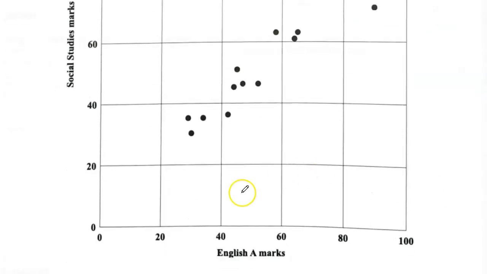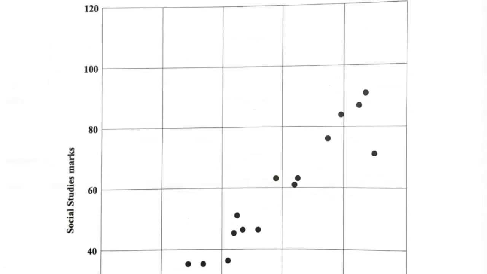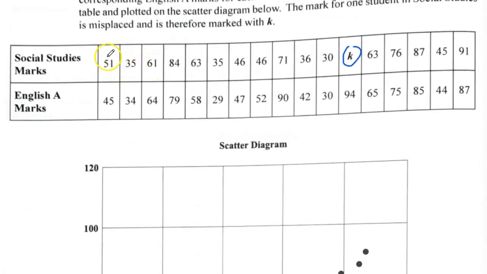So they plot 45, which is about the midpoint here, and 51. So they correspond, and points are plotted for each pair of values. English on the x-axis, social studies on the y-axis, and we have a plot there.